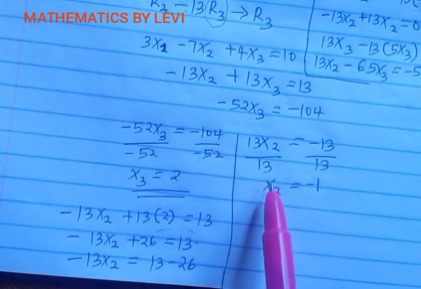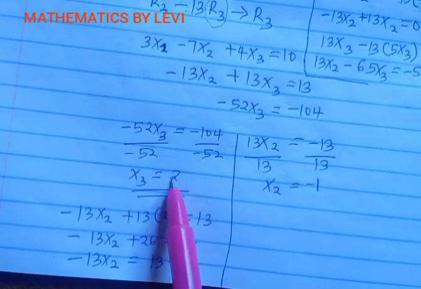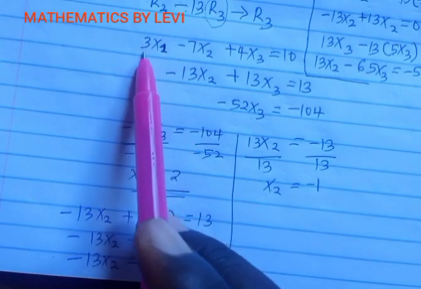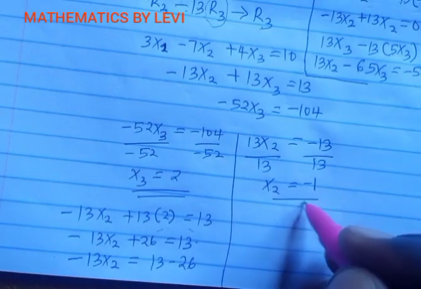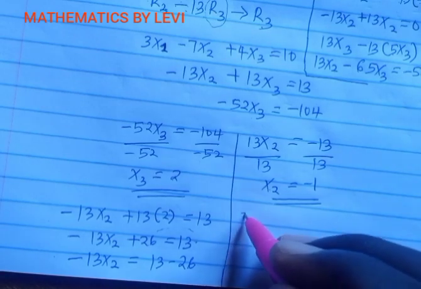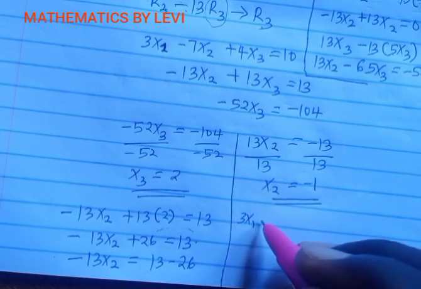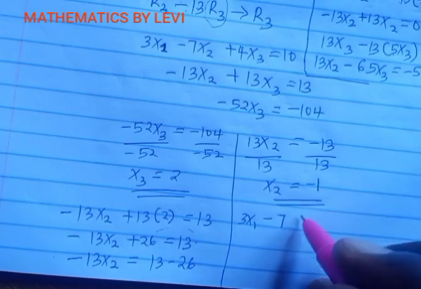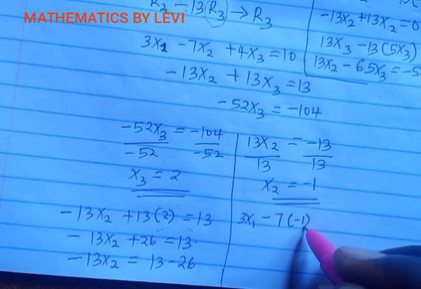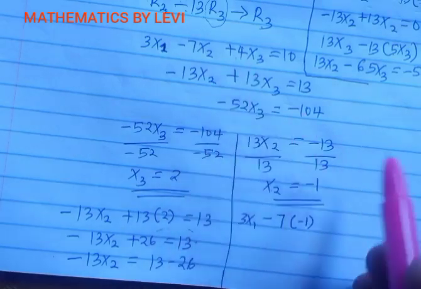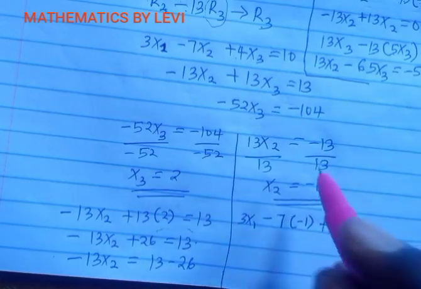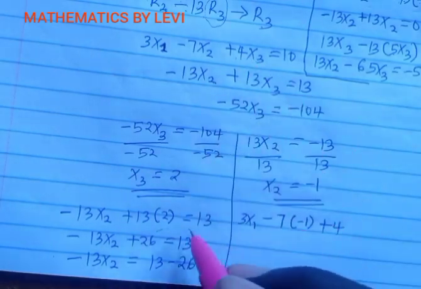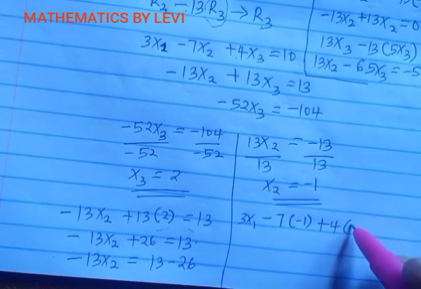Now, since I have my x2, I have my x3, let us obtain x1 from equation 1, or from row 1. So we have 3x1 in row 1 minus 7x2. But what is x2? It is negative 1. Then plus 4x3. What is x3? x3 we have obtained as 2.